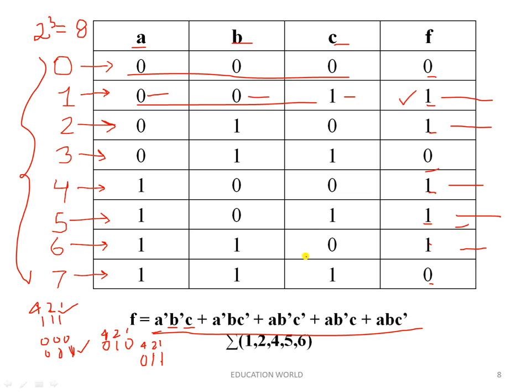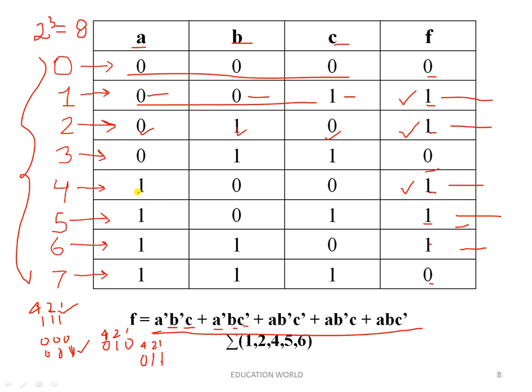If we see another one, then a is equal to 0, which means a complement, b is equal to 1, which means true form b, then c is equal to 0, which means c complement.